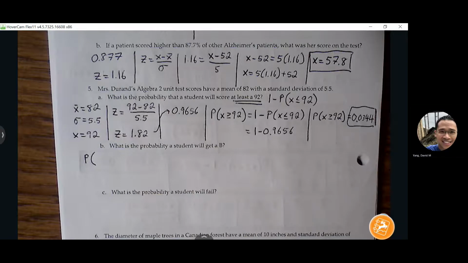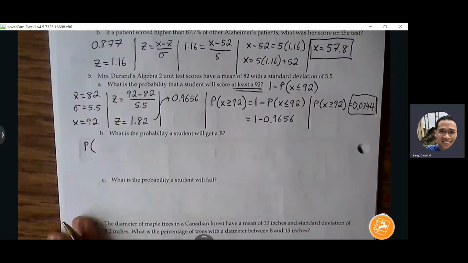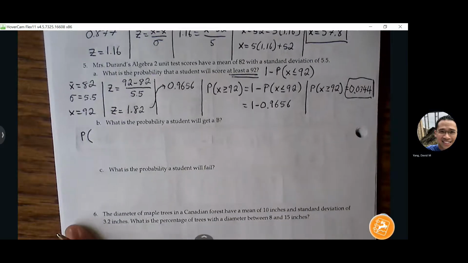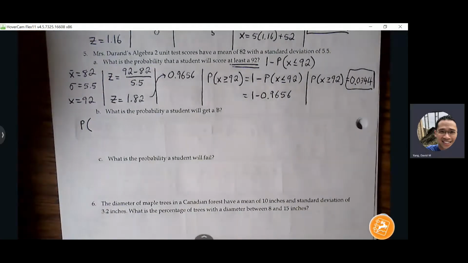Let's see. Okay, for part B here, what's the probability that a student will get a B?